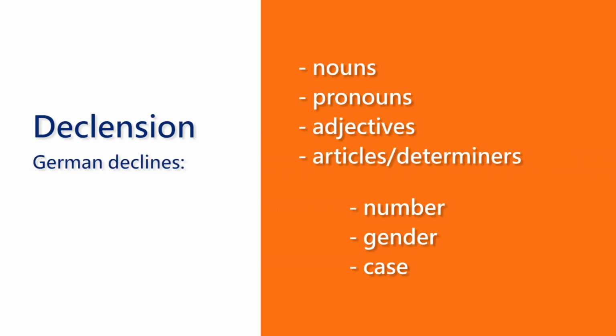German conjugates its verbs and declines its nouns, pronouns, adjectives, and articles for number, gender, case. Again, dealing with a specific language, you have to see what semantic elements are important for that language. For German, the German language is sensitive to number, gender, case. Wherever it changes, you need to change your morphology.